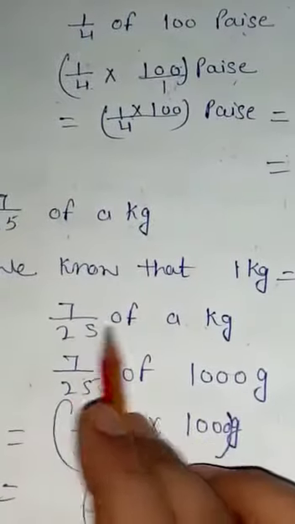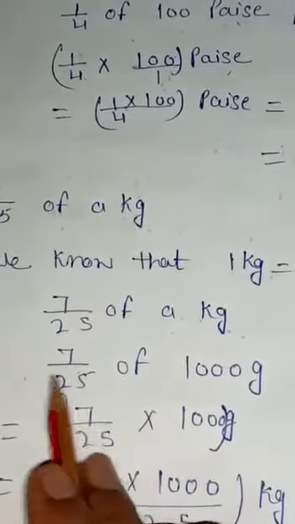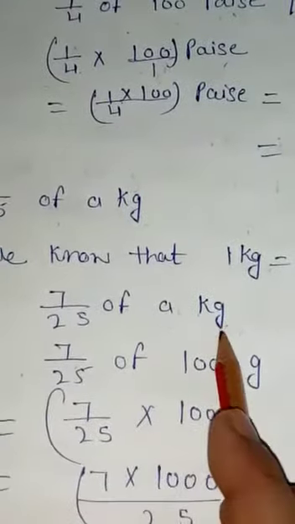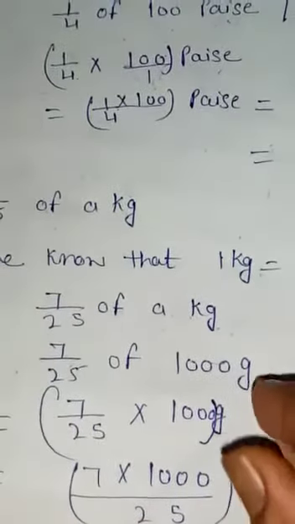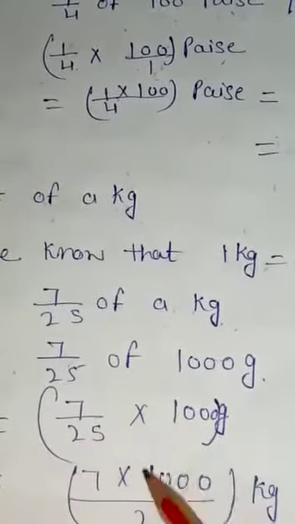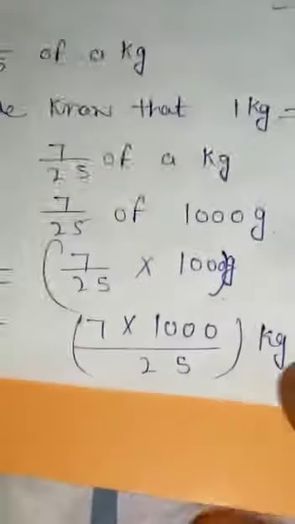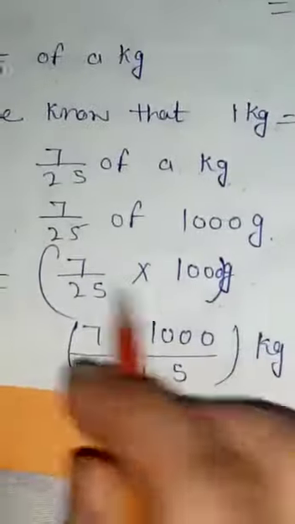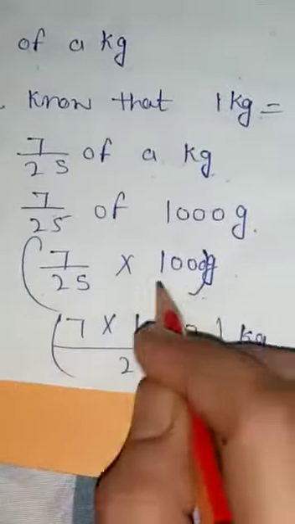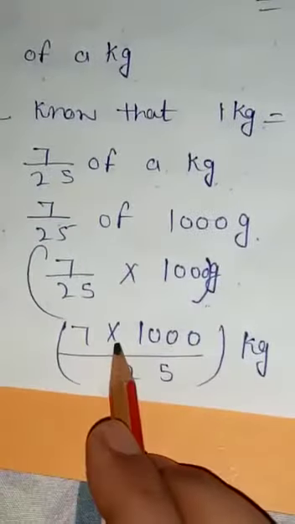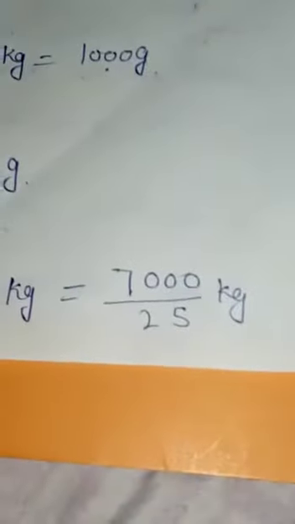And 7 by 25 of a kilogram means 1000 gram. 7 by 25 of means multiply 1000 gram. 7 multiply 1000, 25 multiply 1. 7 multiply 1000, 7000 divided by 25. Now divide 7000 divided by 25. The answer is 280 gram.